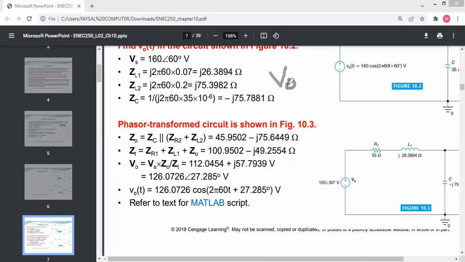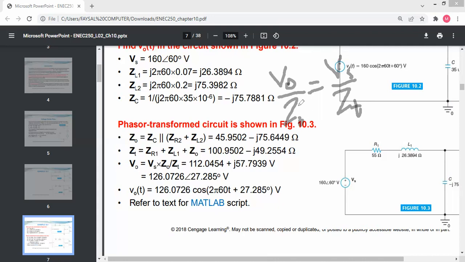The ratio of V naught divided by Z naught. Again, the ratio of voltage divided by impedance equals current. So current is the same. So V naught over Z naught equals Vs divided by, what? This will be my Z total. Is it clear then?